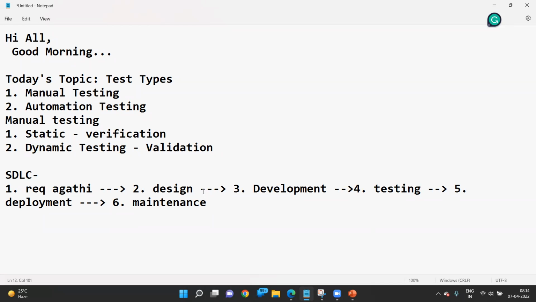Designing is a one-time activity, and requirement gathering is also one-time. After design and requirement analysis, your test manager or development manager will keep assigning you a list of user stories. Based on that, you keep developing the code, testing the code and deploying the code, and finally you take feedback from the clients.